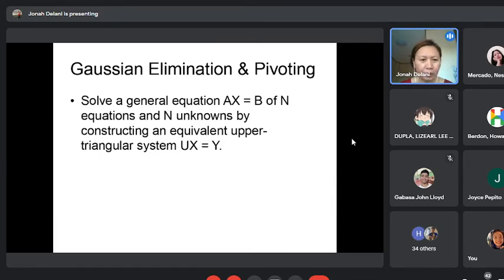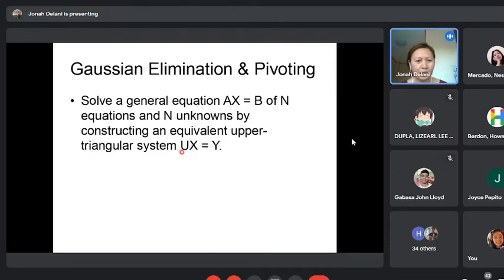So the concept is to solve a general equation, AX equals B, by constructing an equivalent upper triangular system, UX equals Y. So, kaning AX equals B is equivalent to UX equals Y.